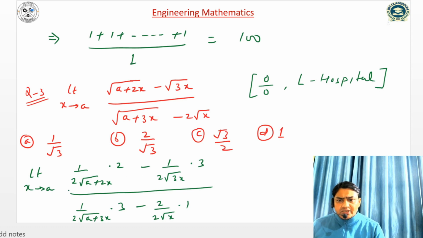Now we can check whether it is indeterminate form or not. If it is still in indeterminate form, either 0 by 0 or infinity by infinity, then once again we have to differentiate, that is f double dash x divided by g double dash x, limit x tends to a.